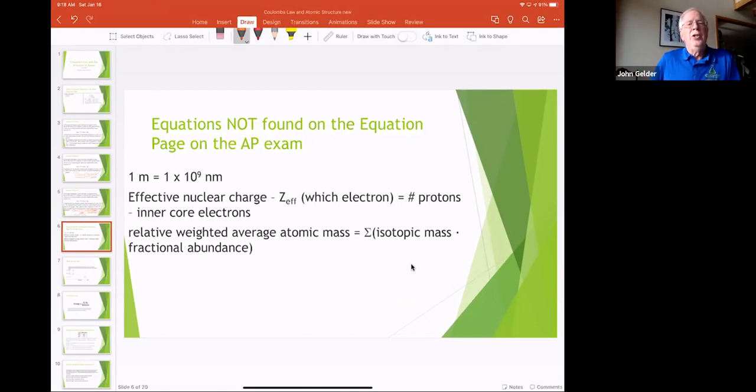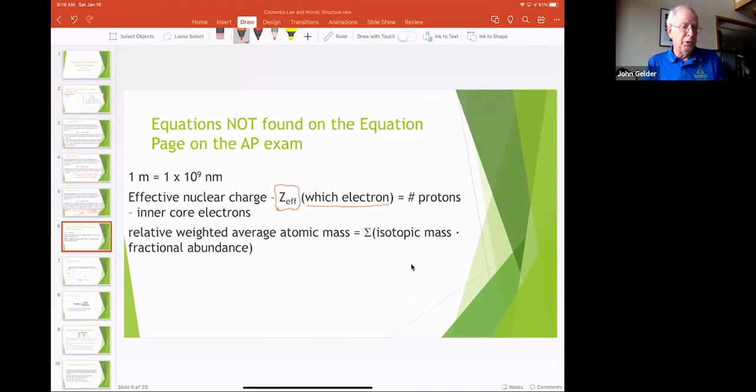The next relationship is effective nuclear charge, where you're given just Z effective. And I put in parentheses which electron, because it's very, very important that we remember that an effective nuclear charge is the attraction to the nucleus that an electron experiences.